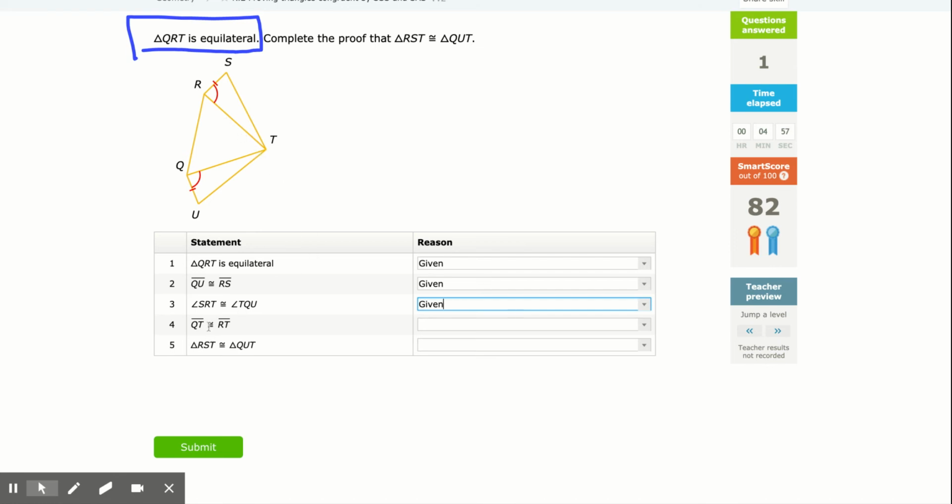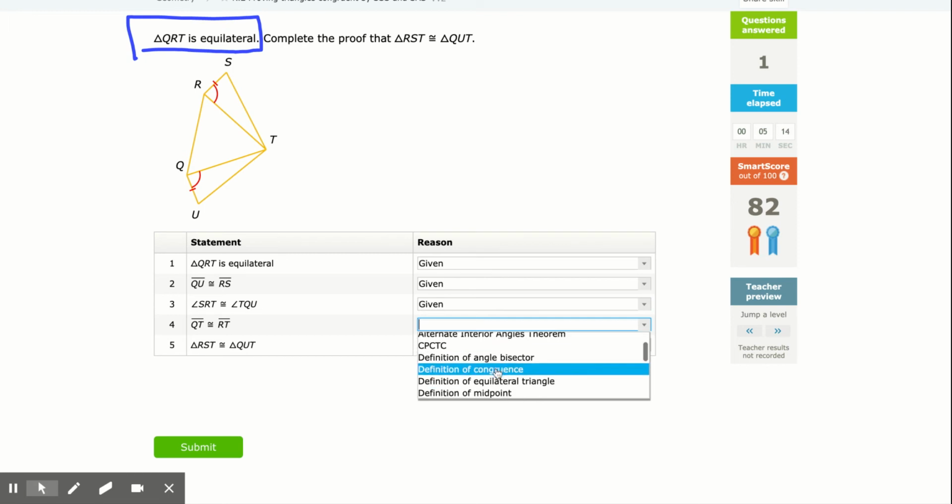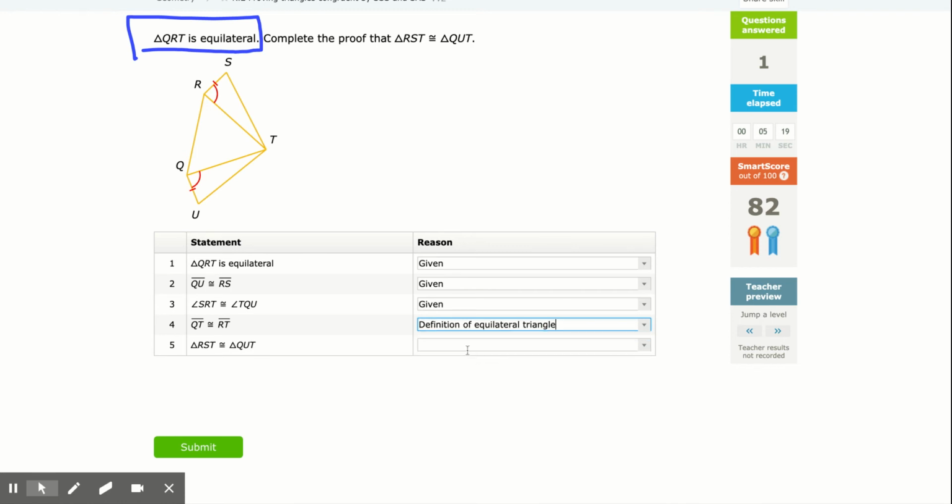Well, that's a property of equilateral triangles. It said that its center triangle is equilateral, so QT, that's this side here, is congruent to RT. Well, that's not the additive property of length, not all right angles, not alternate interior, not corresponding. Definition, no. Definition of equilateral triangles.